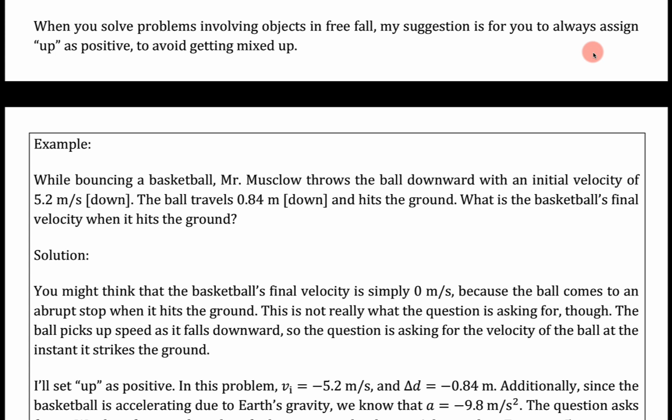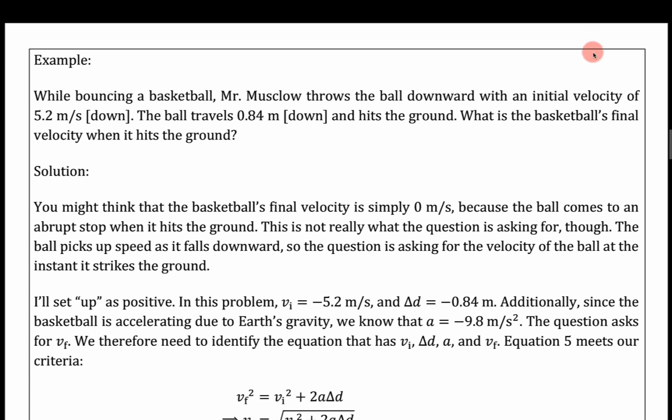If you're just consistent all the time in assigning up as positive, you're less likely to get mixed up with whether your numbers are positive or negative. So I always set up as positive whenever I'm doing these sorts of problems. But if you want to be a rebel and set down as positive, you go for it.